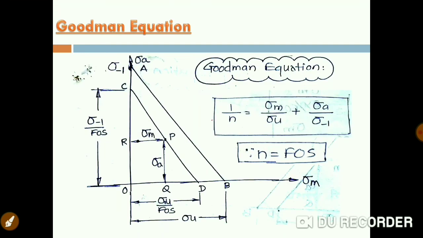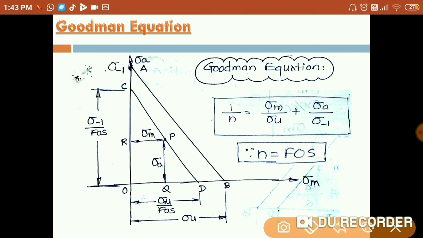Now there are a few equations we need to talk about before solving numericals on this topic. The first one is the Goodman equation. Here a straight line connects the endurance limit Se and the ultimate stress sigma u.